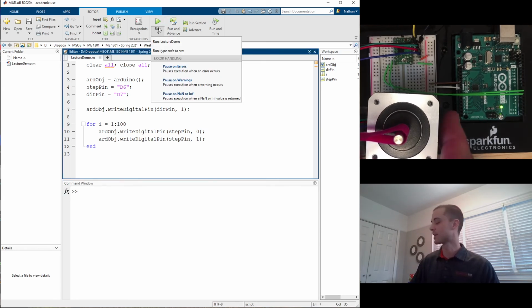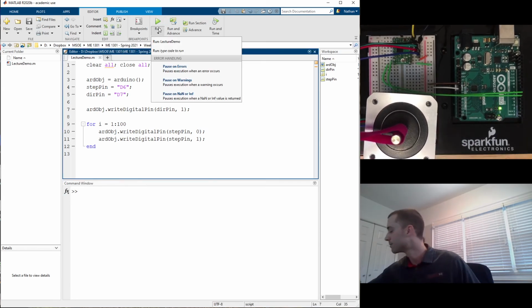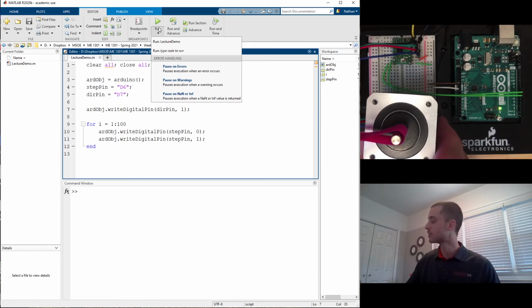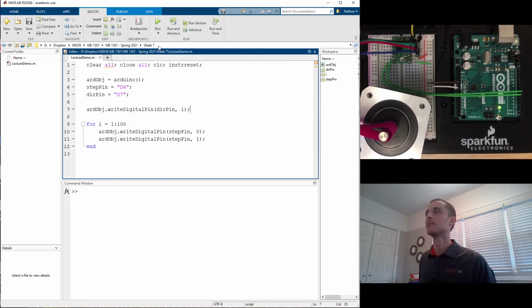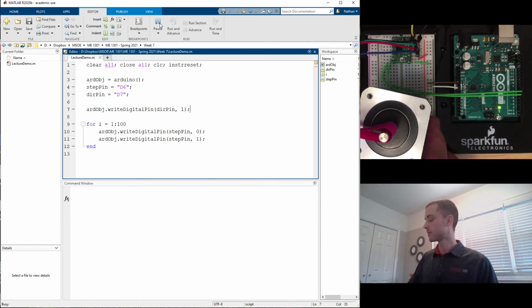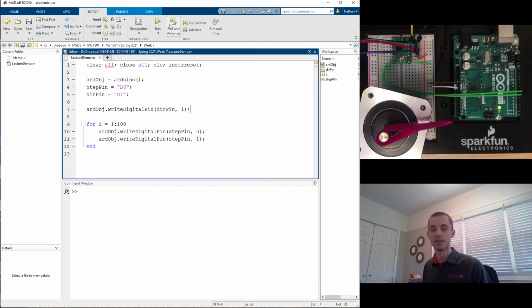So let's do that one more time, oh, let me turn on the power. Now I'm only doing half an amp. Probably already ran. Do that again. Okay, so we got our 180-degree movement.